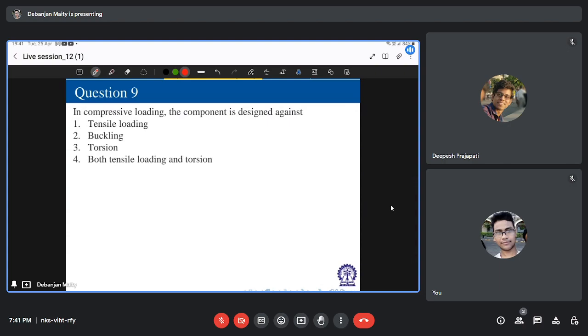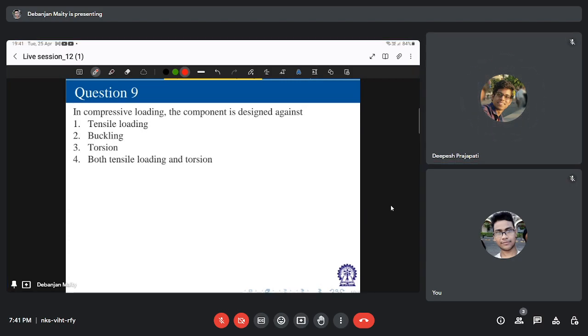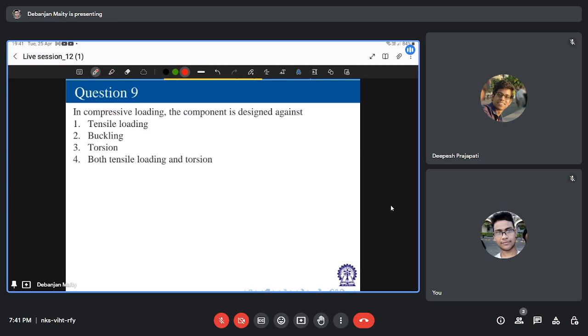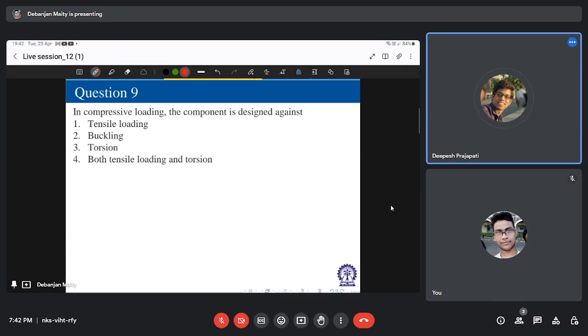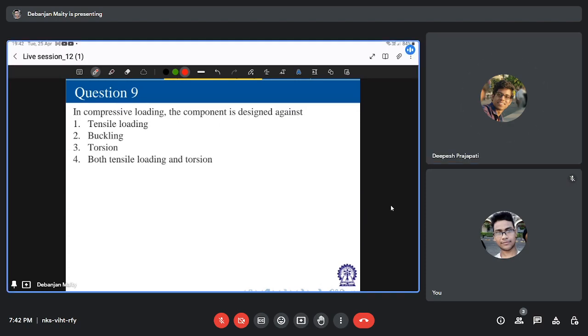In compressive loading, the component is designed against tensile loading or buckling or torsion, or both tensile and torsion. Which one should it be? Buckling. Right.